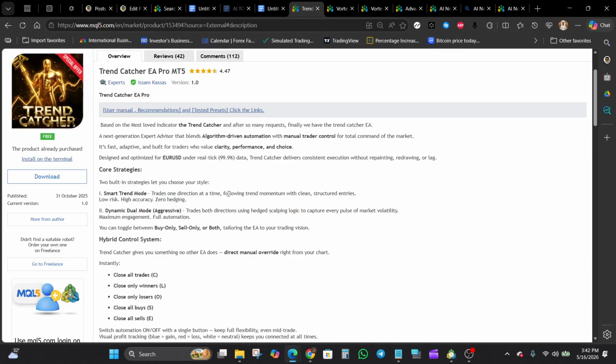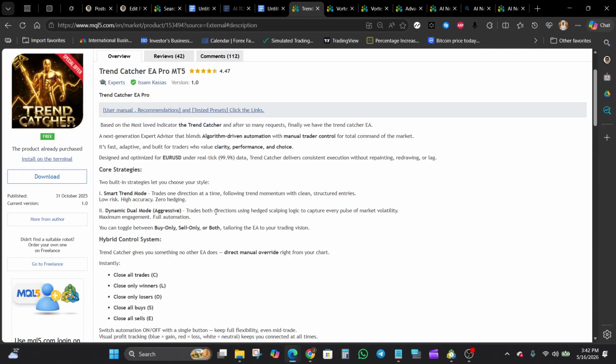The developer describes this mode as lower risk with no hedging involved. Then the second mode is the Dynamic Dual mode, which is presented as a more aggressive setup using hedged scalping logic designed to react to market volatility in both directions.